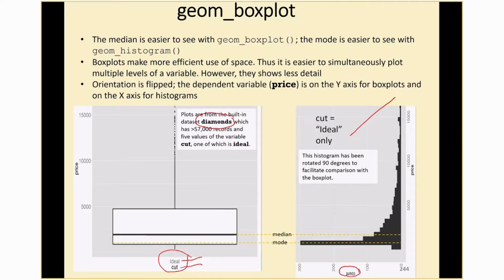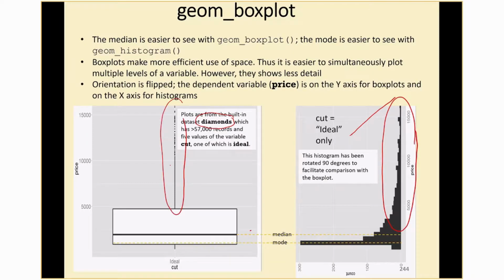For example, you can see that there's a modal value right about here, and that certainly isn't evident from the box plot. In both cases, you can see that the distributions have a bit of a tail. In the histogram, you can see this long tail here, and in the box plot, you get evidence of a long tail because of this long whisker and this whole bunch of outliers.